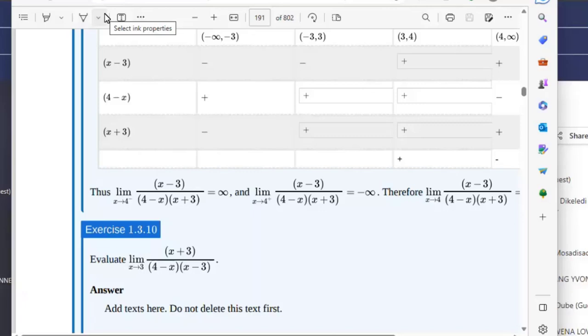In this case, I agree with you, my brother. 3 and 4 are the numbers that we will not deal with, because from the beginning, by observation, we realized that any one of those two numbers makes this expression undefined. Have I answered you? Yeah. That's why I chose 4. I wanted your explanation here because I saw that there is 4 minus x.